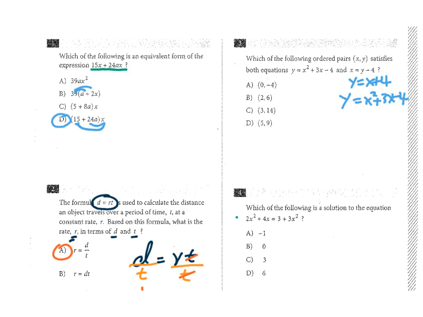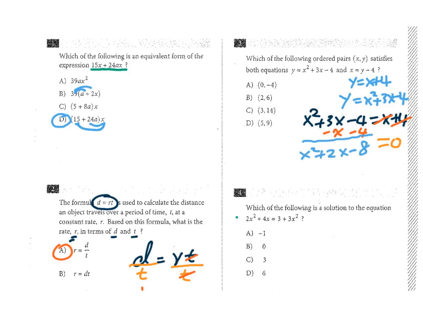Since both equal y, I can get x squared plus 3x minus 4 equal to x plus 4. This is a quadratic equation. We need it equal to 0 first. Therefore, on both sides I need to subtract x, then subtract 4, and I will get x squared plus 2x minus 8.